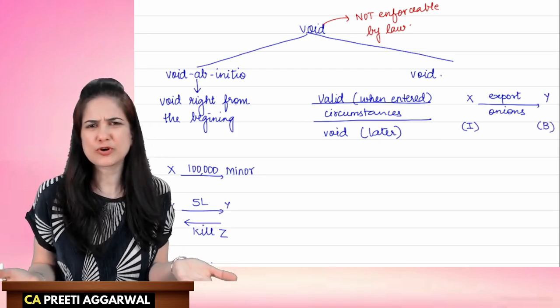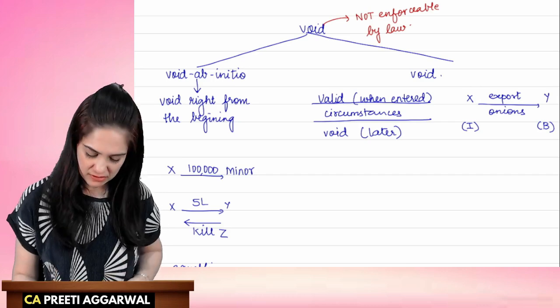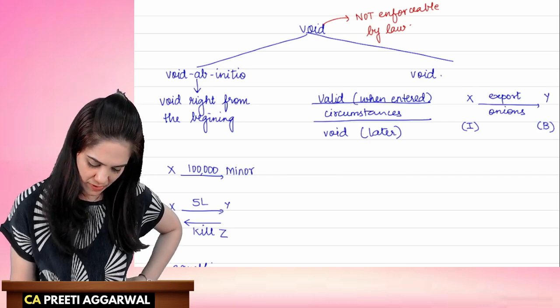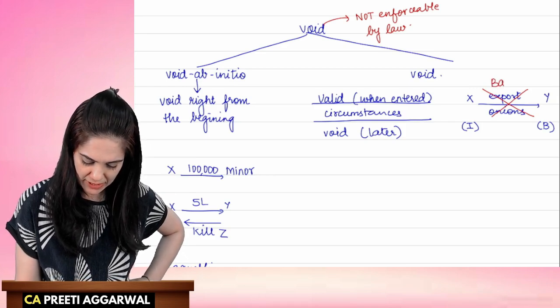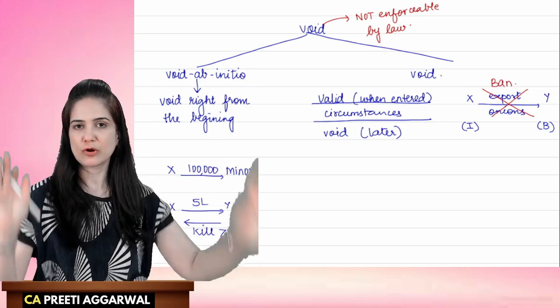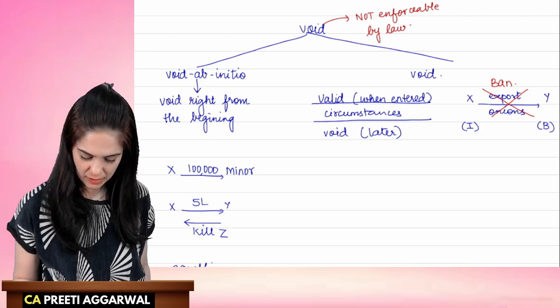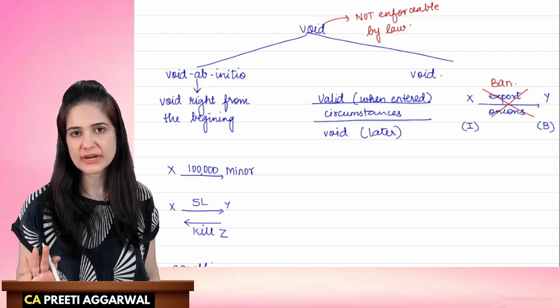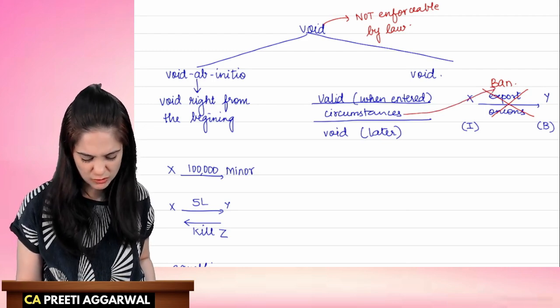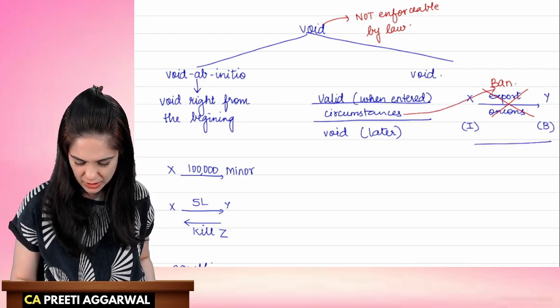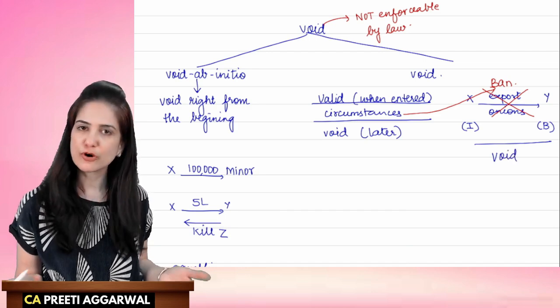When they entered into the contract, everything was valid. But later on, a war is declared, and the government imposed a ban on the export of onions. Because of this ban, now the contract cannot be enforced. It becomes void.